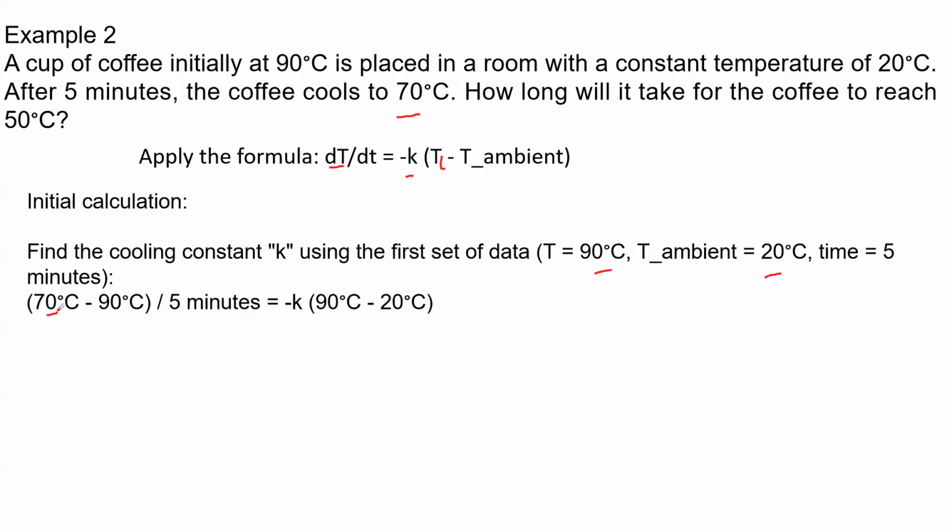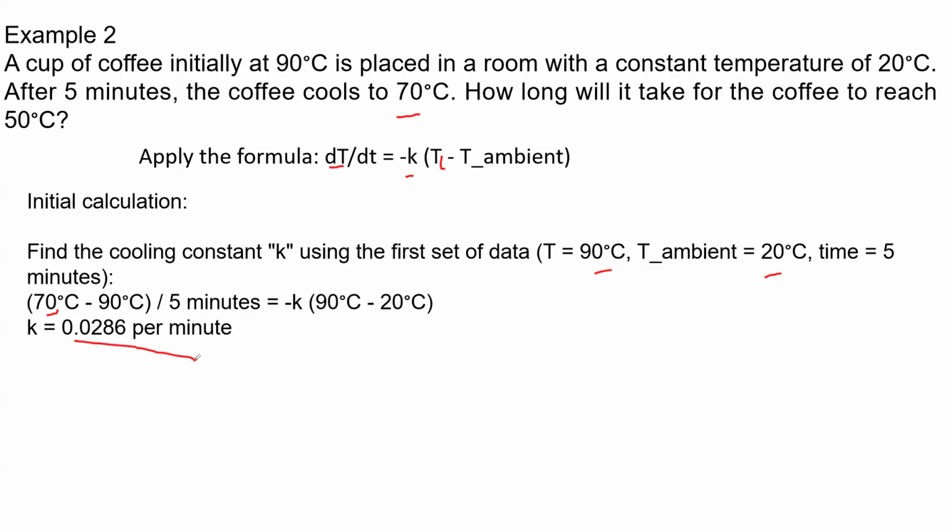That is why we have 70 minus 90 divided by 5 minutes, which gives us minus K open bracket 90 degrees centigrade minus 20 degrees centigrade. After the calculation, it gave us a K value of 0.0286 per minute. So we get the value of K.